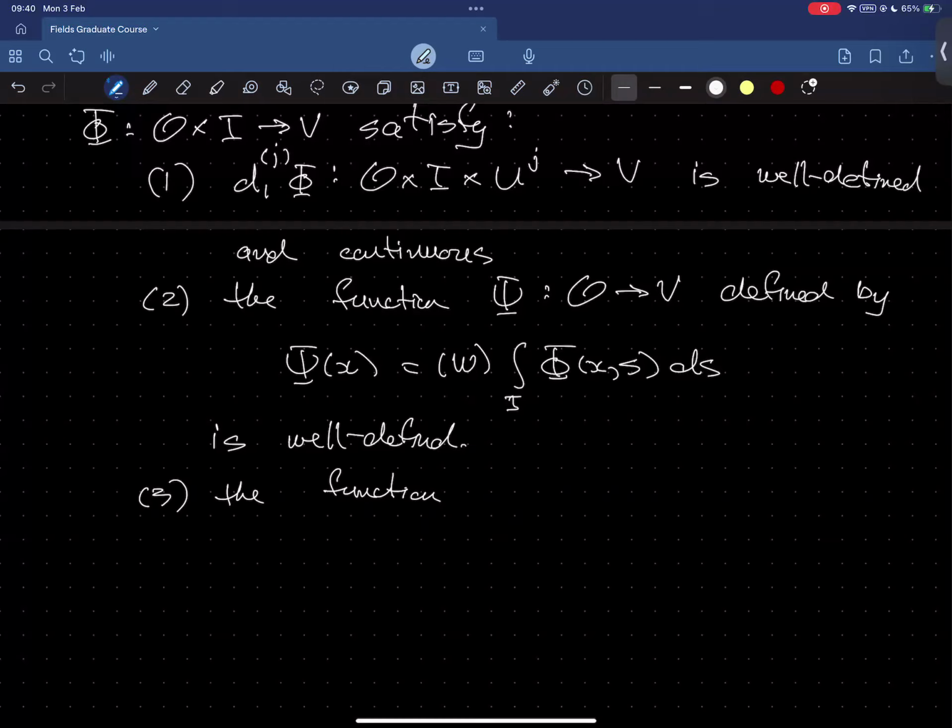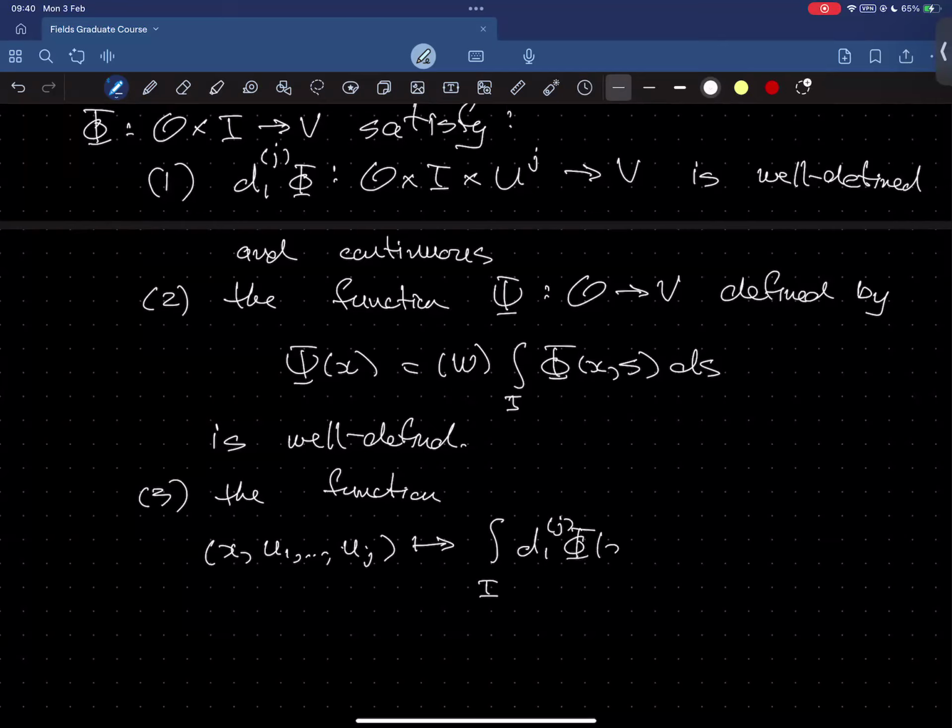This is going to be a function now of x, u1 up to uj. It's going to be the weak integral of the jth derivative, d1 j phi of x, s, u1 up to uj, ds.